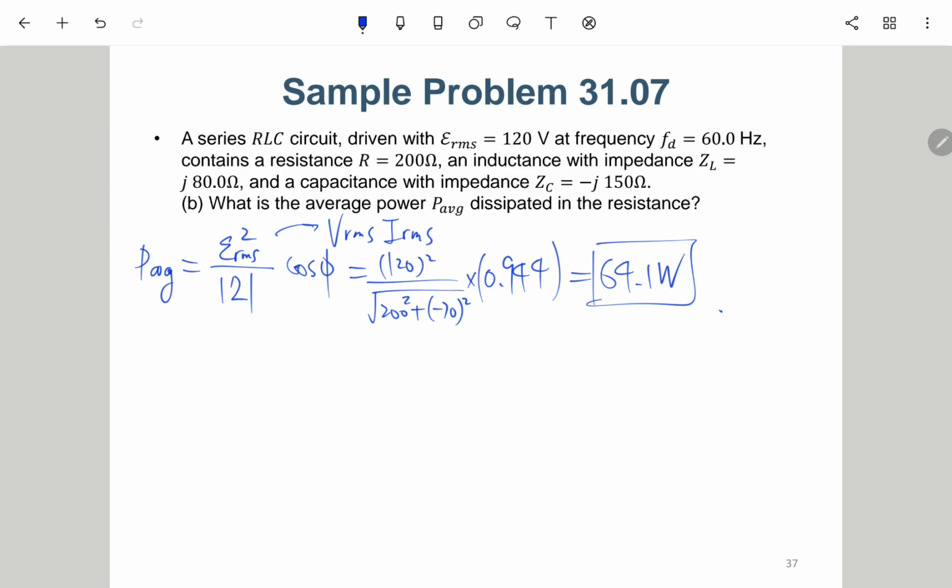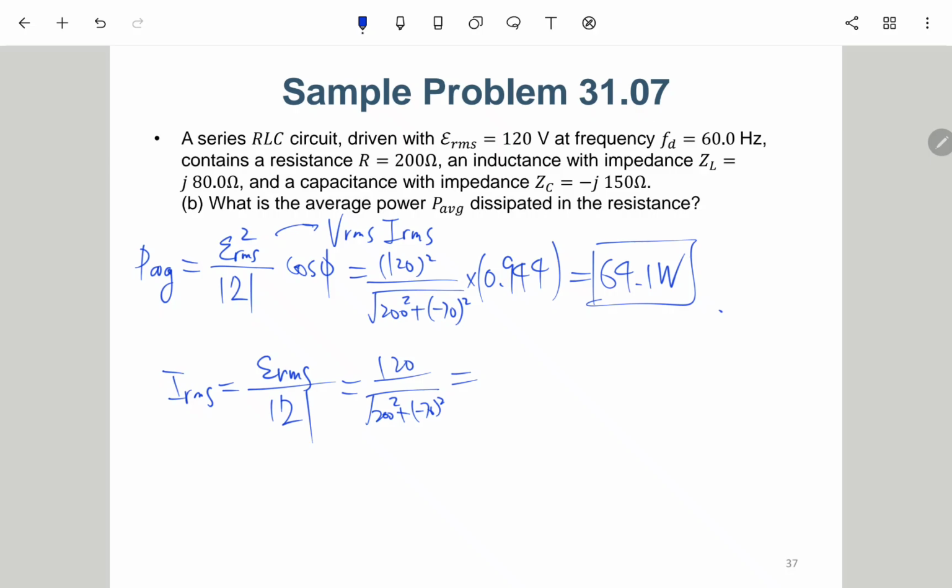If you like, you can also use another approach. I RMS will be E RMS divided by the absolute value of Z, which is 120 divided by the square root of 200 squared plus negative 70 squared, so 120 divided by 211.9, which is 0.5668.